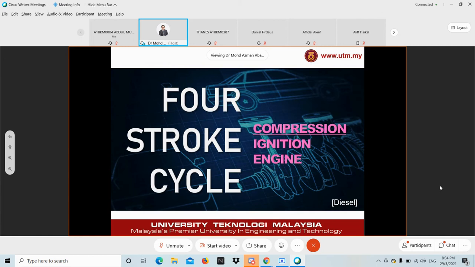If the availability is only 95 and 97, they definitely need to develop cars or engines that are able to meet RON 95.